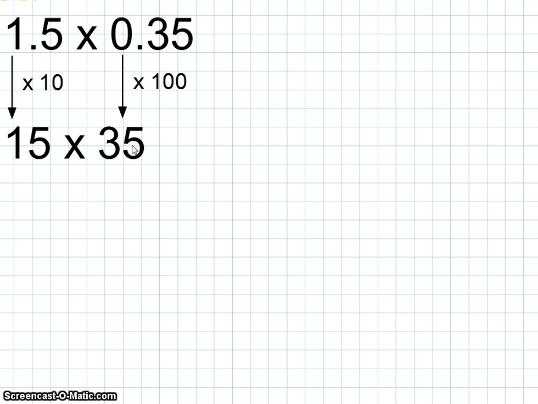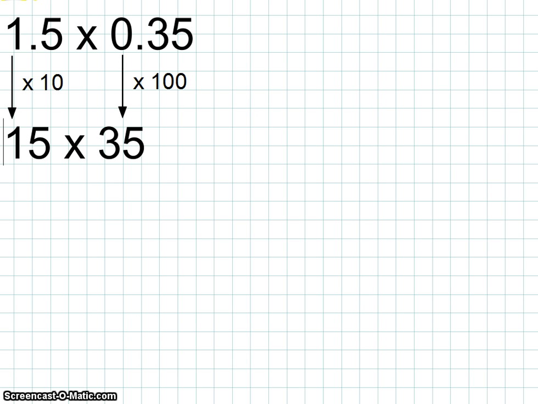We did change the question into something that looks more clear for us. So let's shift the focus to this question here and find the product of 15 times 35, and maybe we can use it to find the product of the original question, which is 1.5 times 0.35.